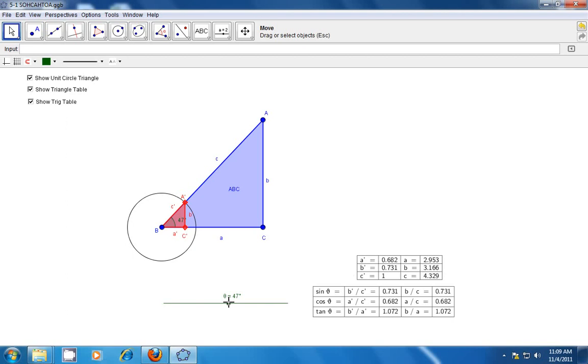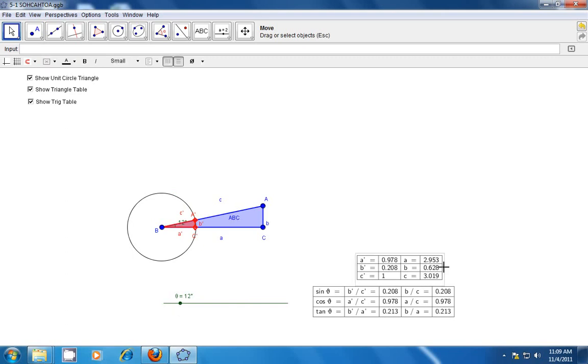Let's make the angle even really small, down to 12 degrees. If I look at B, 0.628, and I divide that by A, which is now 2.953, I will get 0.213, which is always the same ratio as if I took B prime is to A prime.